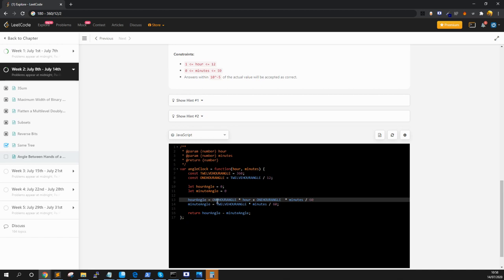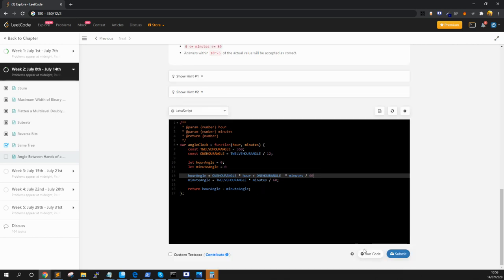So we have the value, so let's do the minutes as we did before, so 60 times the number of 30 divided by 60, which is 0.5, so that gives me the 180, and I'm doing 180 minus the hour, the number of hours, plus percentage of next hour. Okay, so this should work. Let's try it. This one, good.